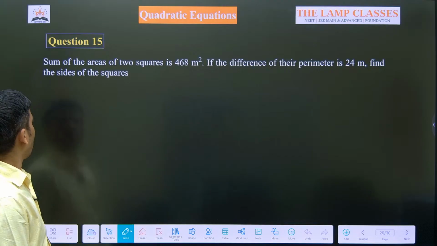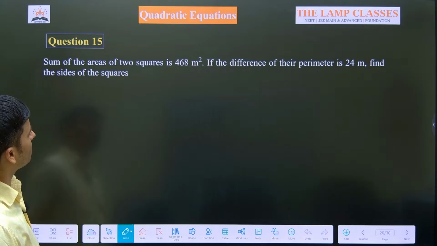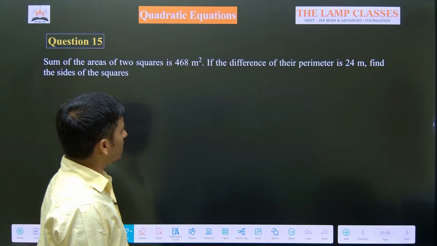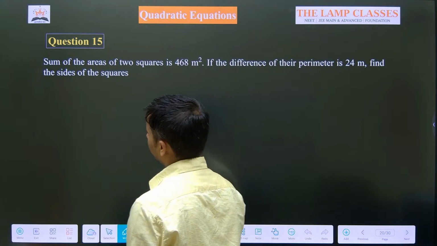This is a word problem. Sum of the areas of two squares is 468 meter square. If the difference of their perimeter is 24 meter, find the sides of the square.